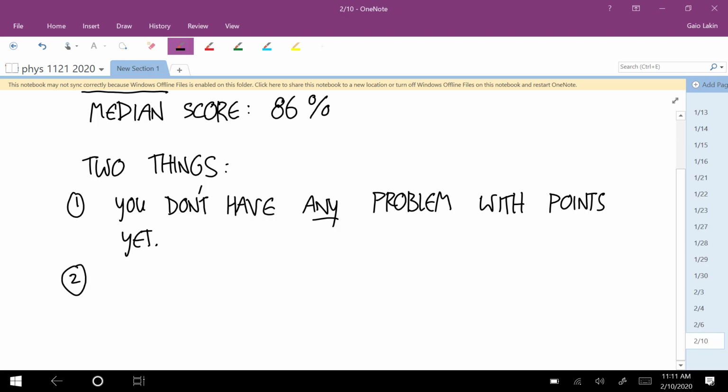But the second thing is this test is the best predictor we have of how well you're preparing for the way I'm designing this class.